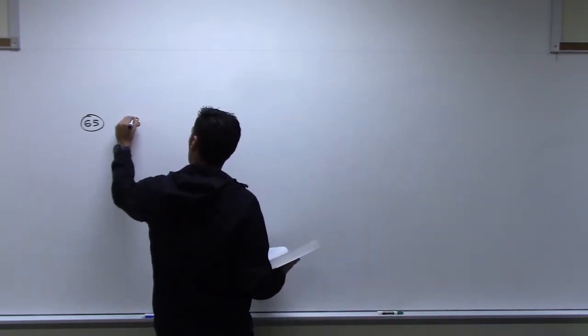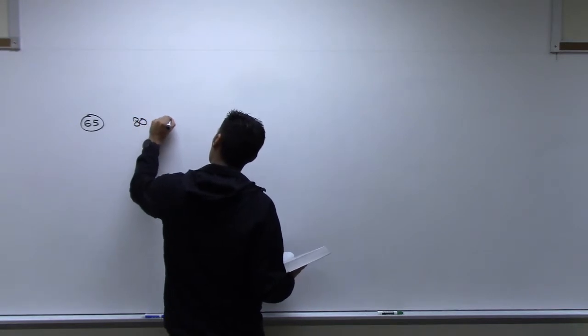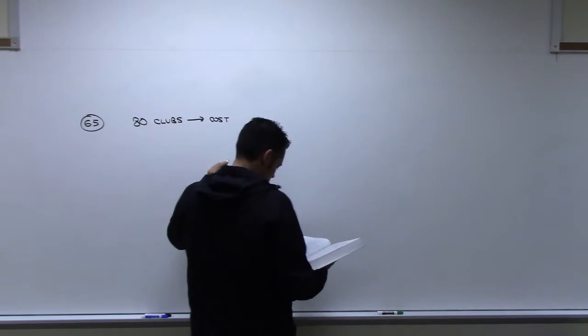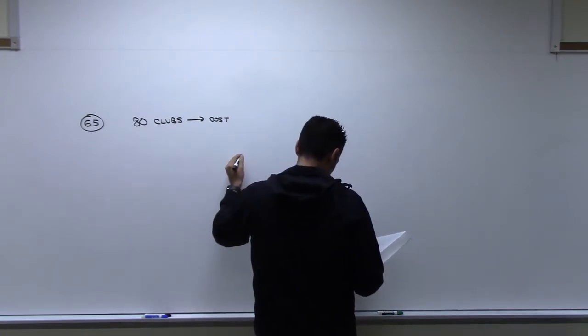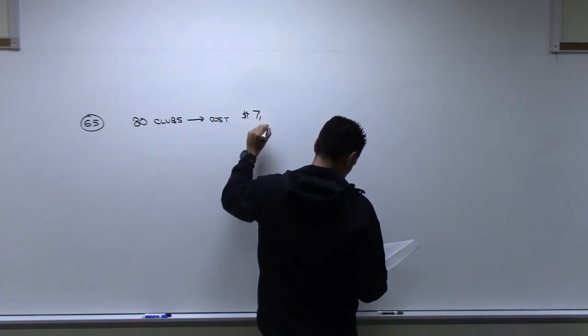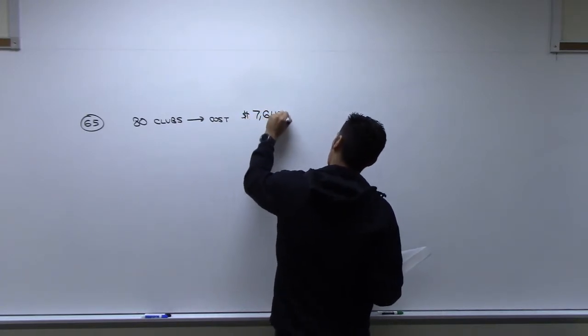So 80 clubs will cost $7,647 to manufacture.